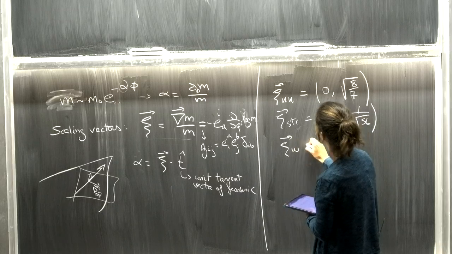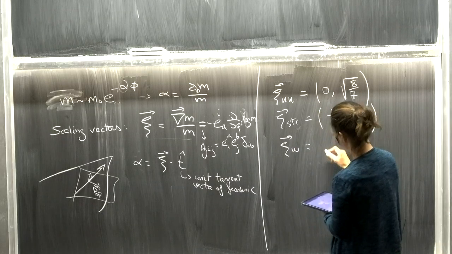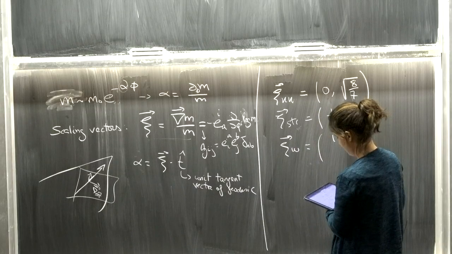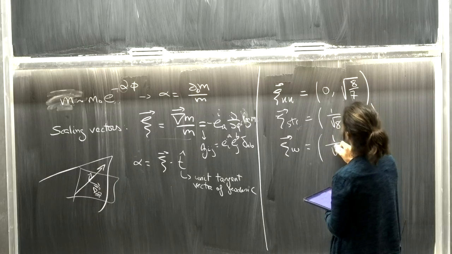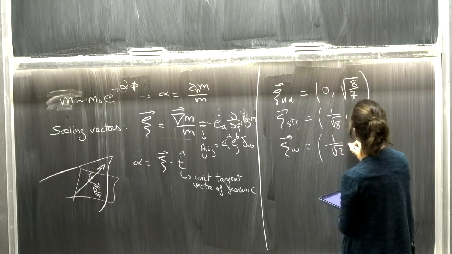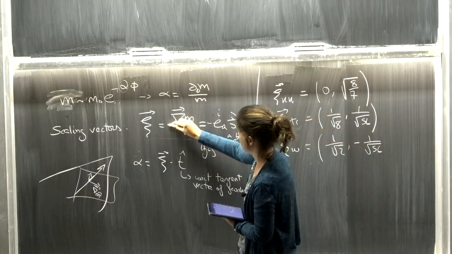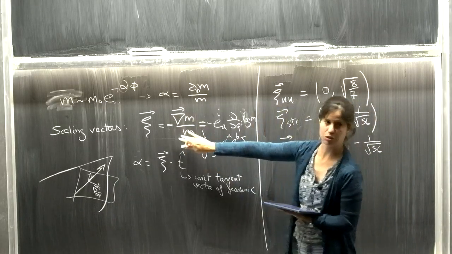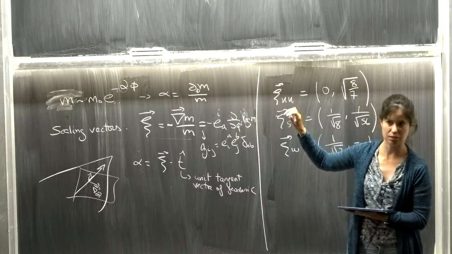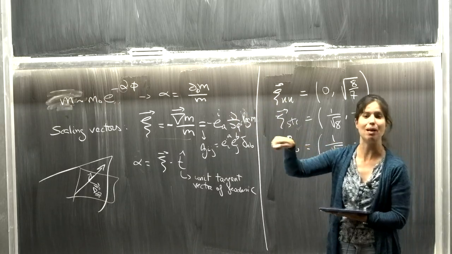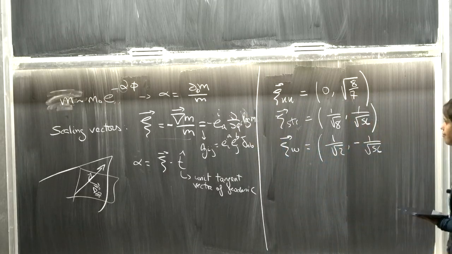For the winding modes, we have 1 over square root of 2 and minus 1 over square root of 56. Okay, sorry, here I forgot. We define it with a minus so that we will extract the exponential rate, because the tower is e to the minus alpha phi.